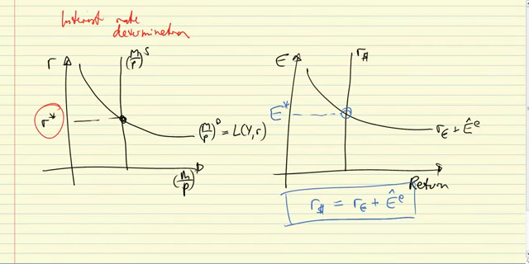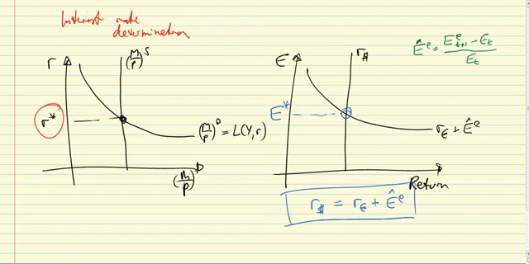Let's just recall real brief what E hat E is. That is the expected exchange rate for one period out minus today's exchange rate, divided by today's exchange rate.